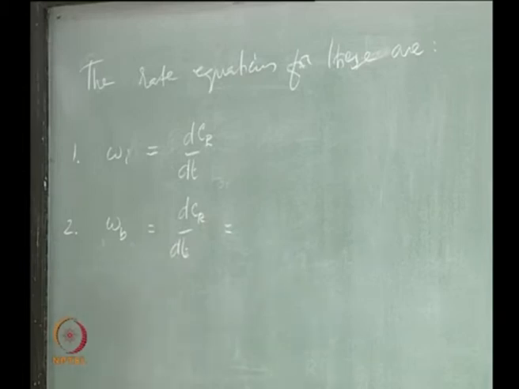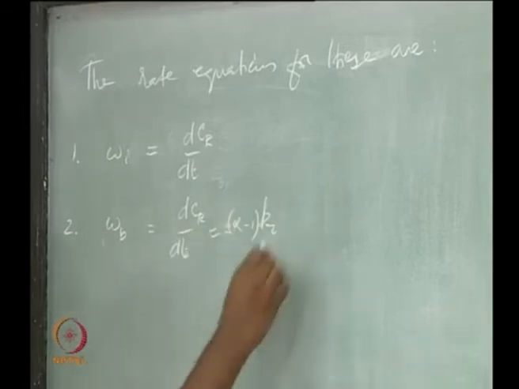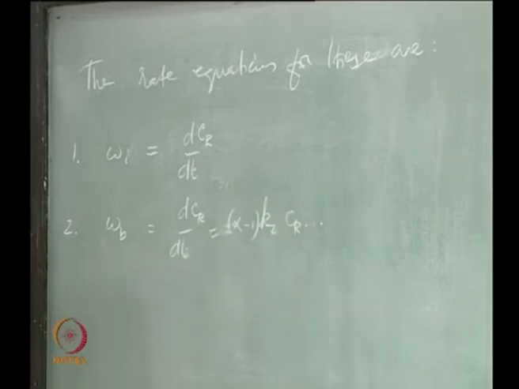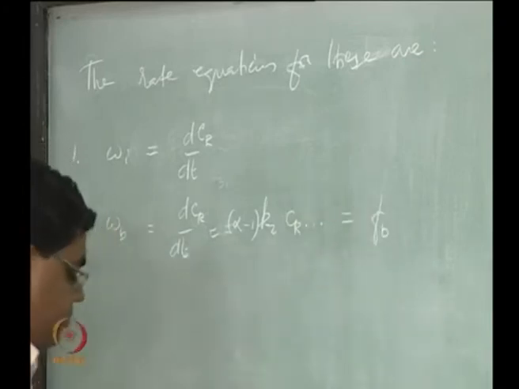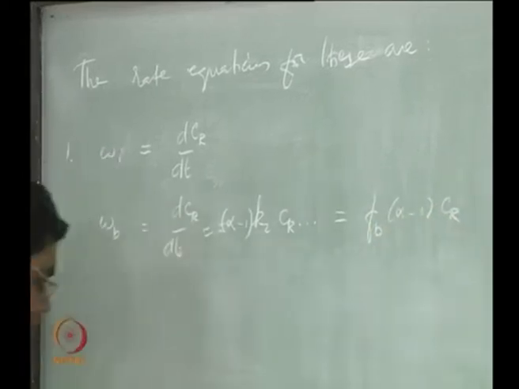For this reaction, strictly speaking I should write alpha minus 1 K2 Cr times other things which are hidden. Since I do not know what those are, I am simply going to write this as equal to Fb times alpha minus 1 Cr.